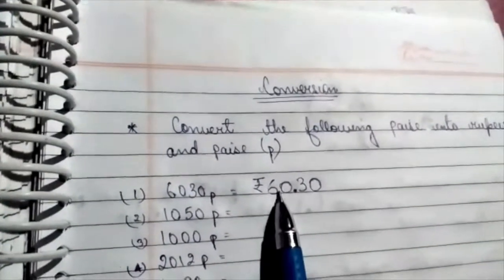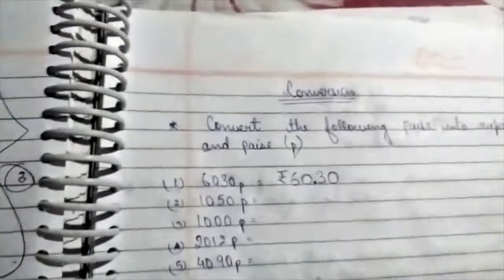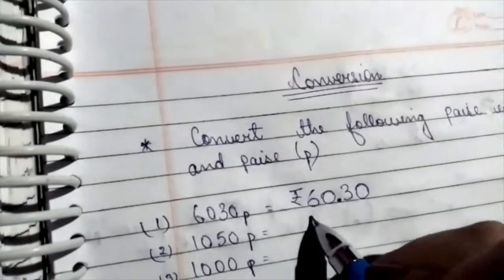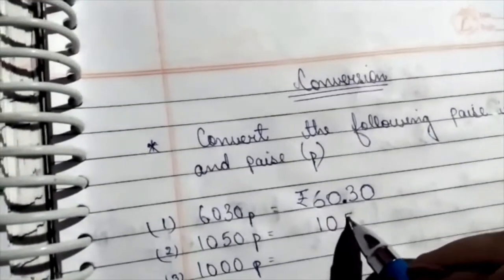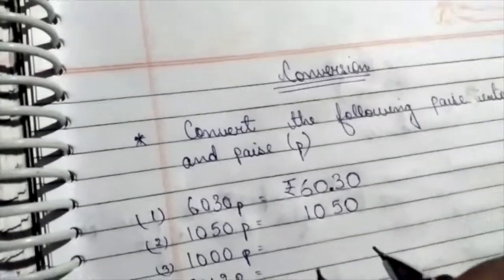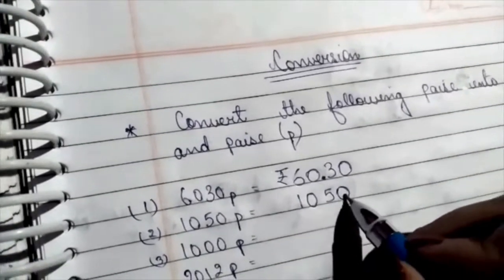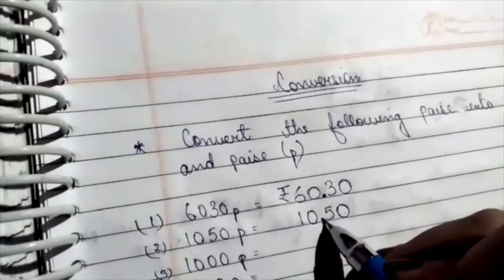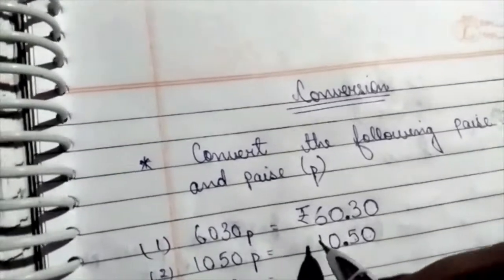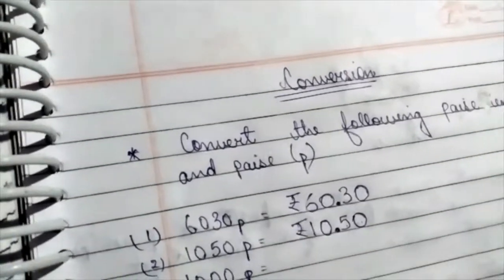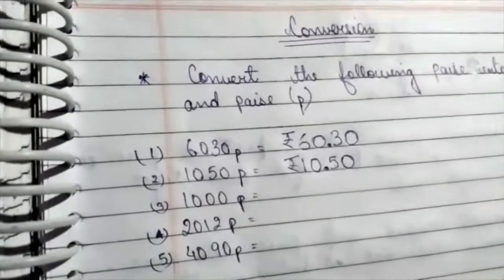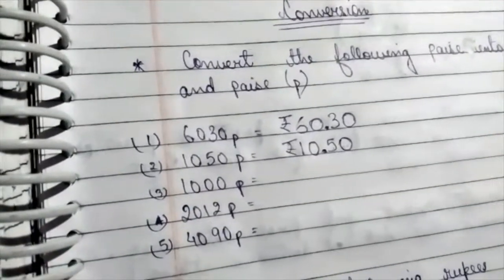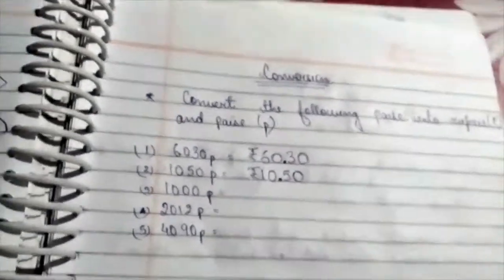Now for the next number, you write 1050, count 2 digits from the right side, 1 and 2, and put a small dot before them. Then write rupees. This is the conversion of 1050 paise into 10 rupees and 50 paise.